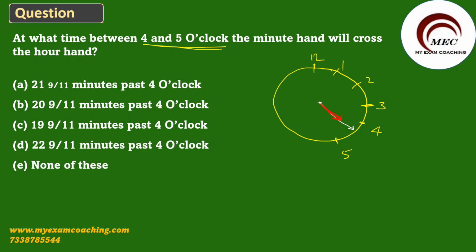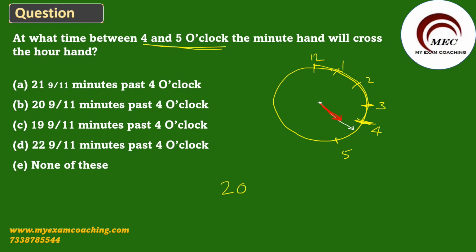Between 4 o'clock and 5 o'clock, the minute hand will cross the hour hand. Whenever you get such a question, there is no need to think much. From here you count how many minutes: 1, 2, 3, 4. 4 means 20 minutes. Up to 4 o'clock you have 20 minutes.